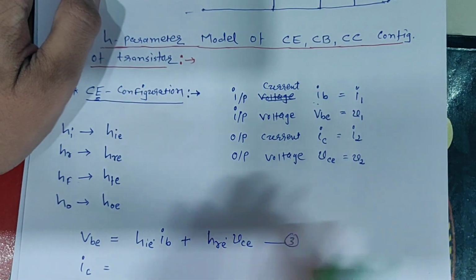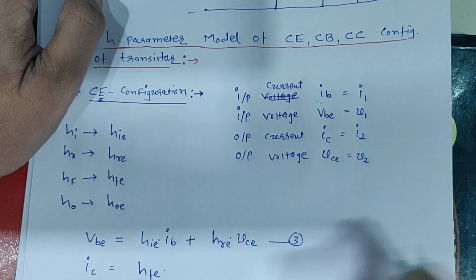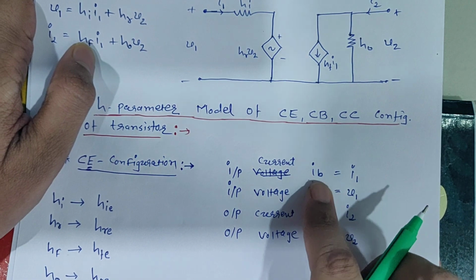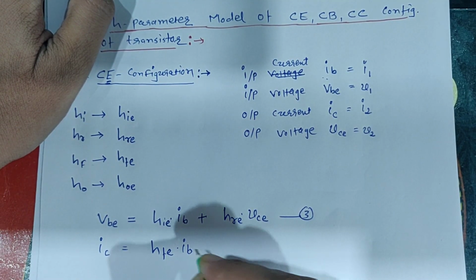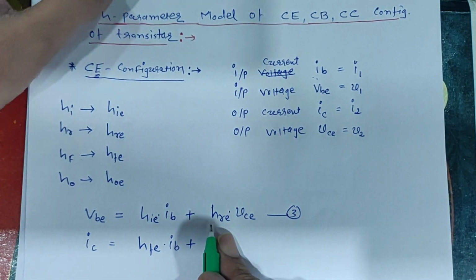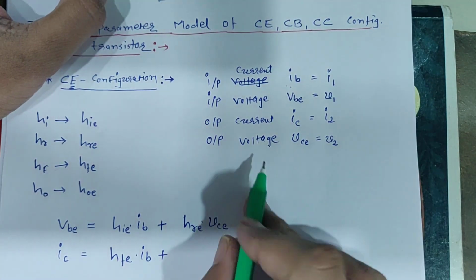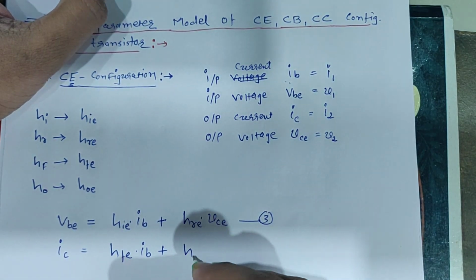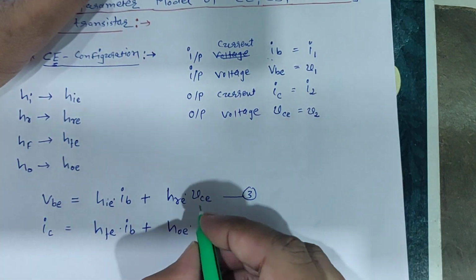HF will be replaced by HFE into I1, which is nothing but IB, plus HO into V2. HO can be represented by HOE into V2, and V2 is nothing but VCE.